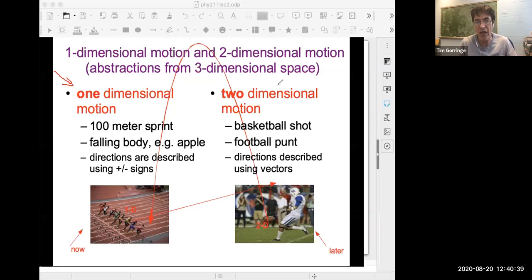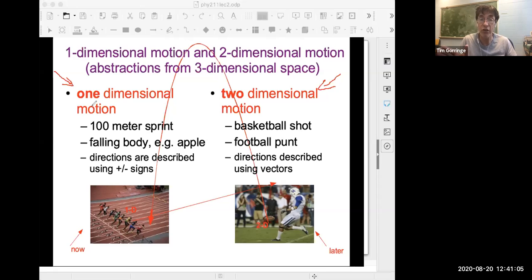Now, another type of motion that we'll talk about is over here. Here comes the 2-year-old again. It is two-dimensional motion. If I were to punt a football, God forbid, it would go in a curve that we call a parabola, and that would be an example of two-dimensional motion.